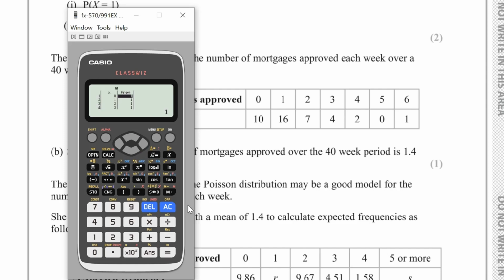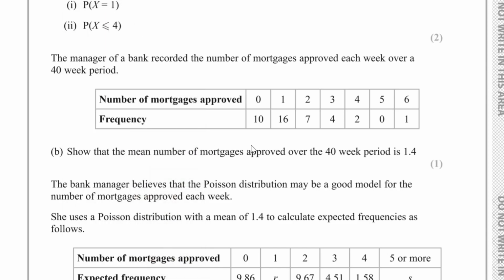And the frequencies are 10, 16, 7, 4, 2, 0, 1. And if we work out the variable calc, you'd see the mean over here is equal to 1.4. And then obviously we've got the other summary statistics. Okay, so that might be quite useful to do on your calculator, just in case you don't know how to do it.